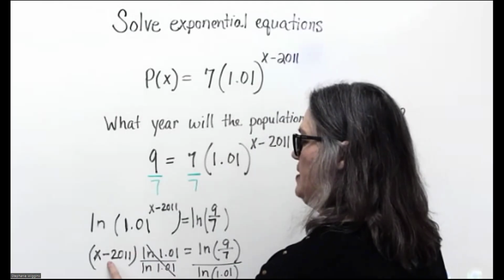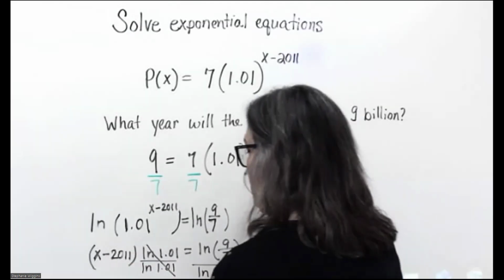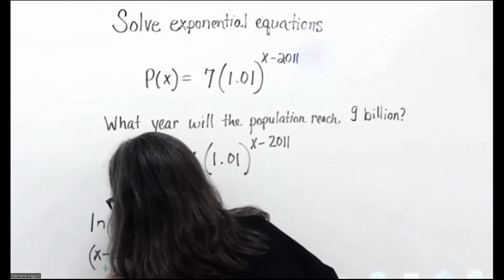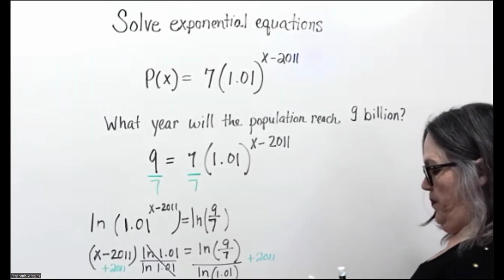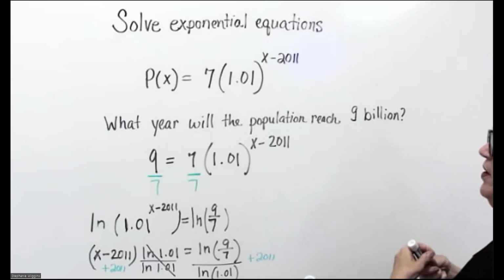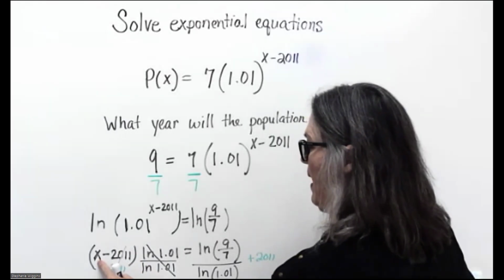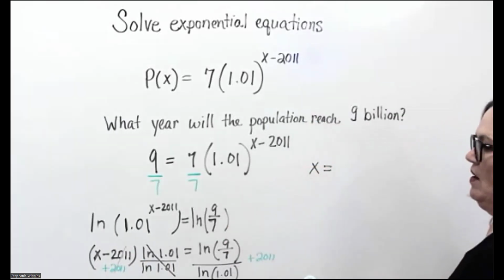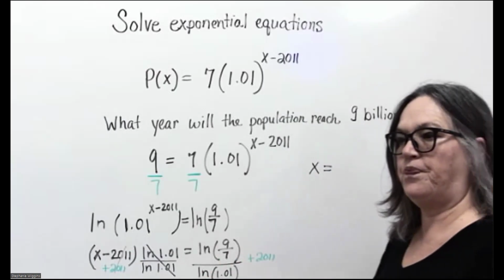And I still have this minus 2011, so I'm going to add 2011 to both sides. I'm running out of room here, so I'm going to move up here. Now this goes away, so I've got X by itself on the left-hand side. And then all I have to do is calculate this in my calculator.